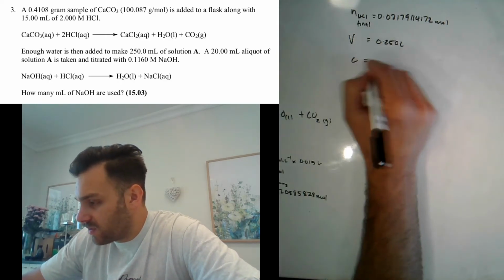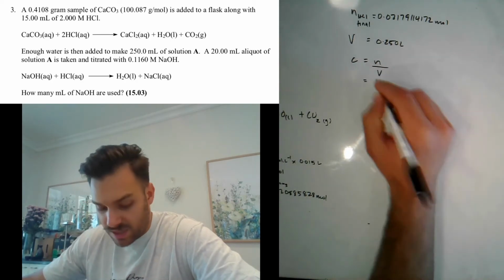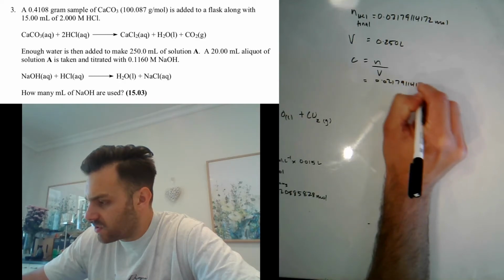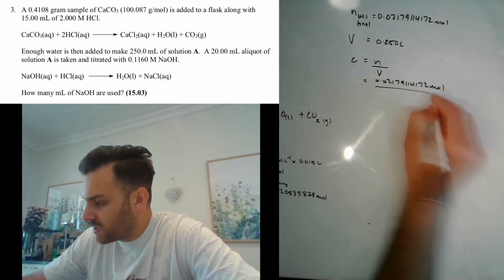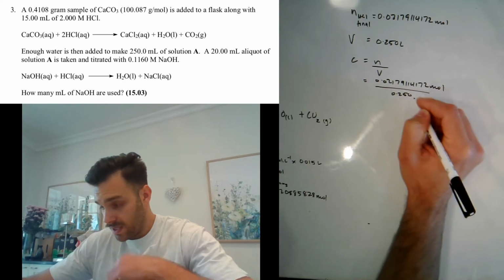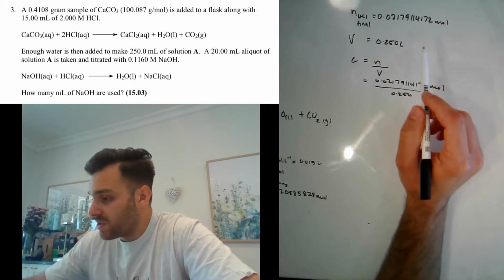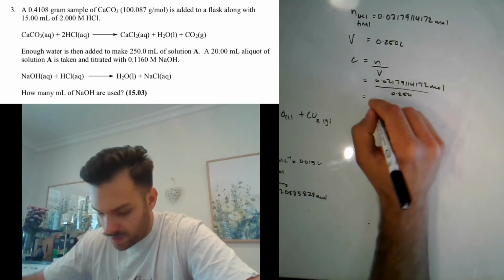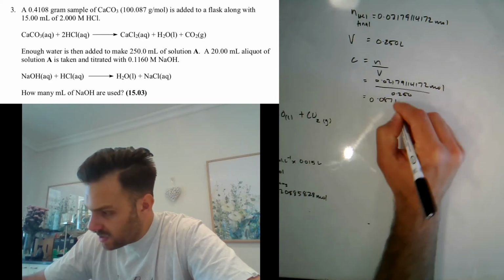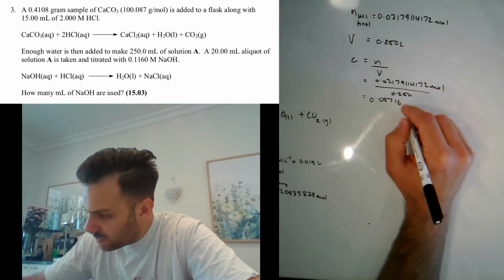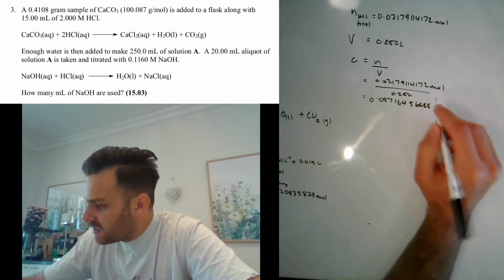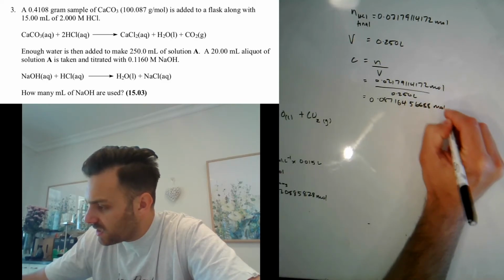So C equals N on V, which is that number that you've got on your calculator, 0.02179114172 moles divided by 0.250, and you end up with 0.08716456688. So this is moles per liter.